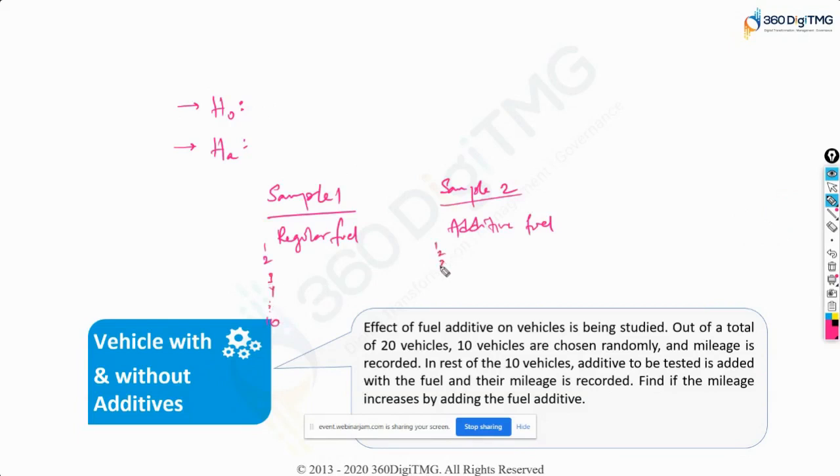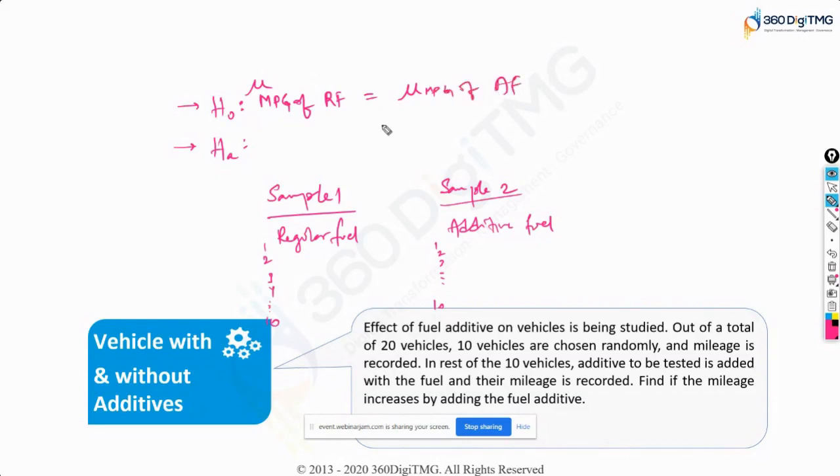Here also I have 1, 2, 3, so on and so forth, 10 vehicles. Alright? So I'm saying mileage, the representative value of this mileage will always be mu. Average mileage of regular fuel vehicles is equal to average mileage of additive fuel.